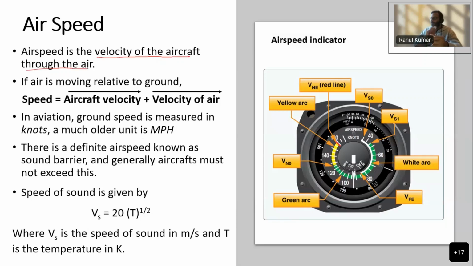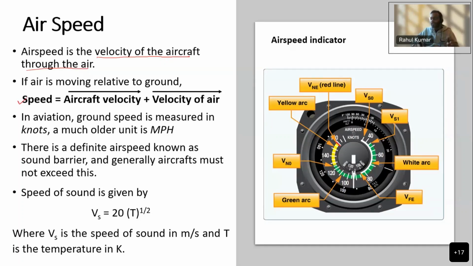Now if the air is moving relative to the ground, this speed is the vector sum of the aircraft velocity in air and the vector velocity of air relative to the ground.